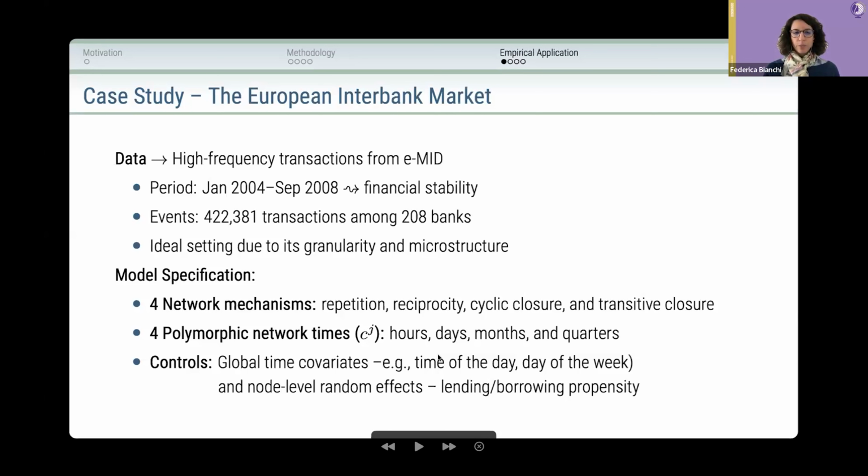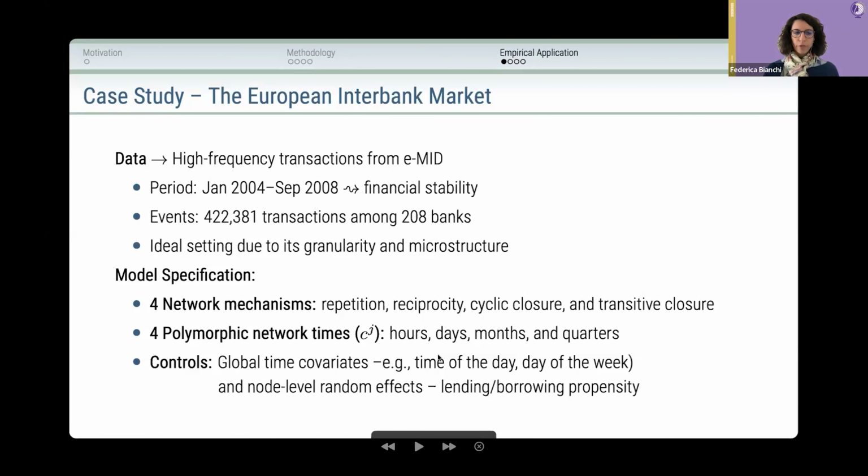In our model specification, we consider 4 different mechanisms, namely repetition, reciprocity, in both its directed and generalized form that we operationalized through cyclic closure, and we also include the transitive closure.